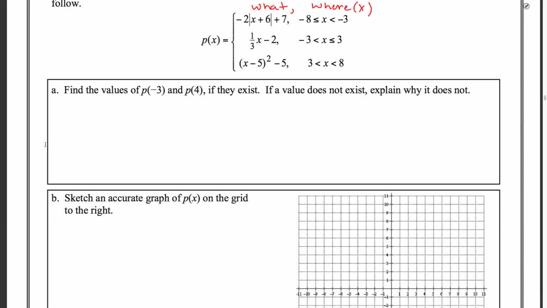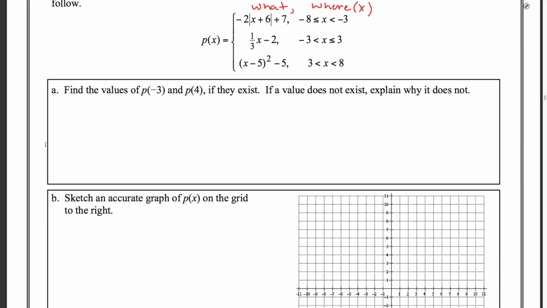-3. Which if does it work with? Does -3 meet the requirements of the first where, the second where, or the third where? Is -3 between 3 and 8?